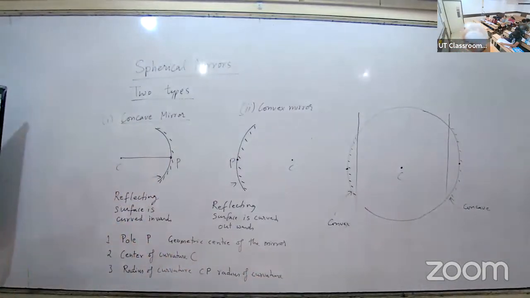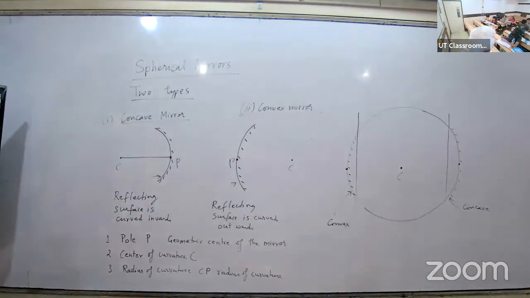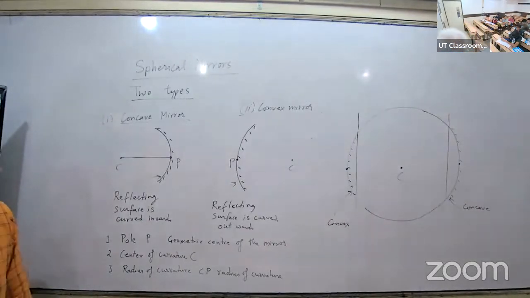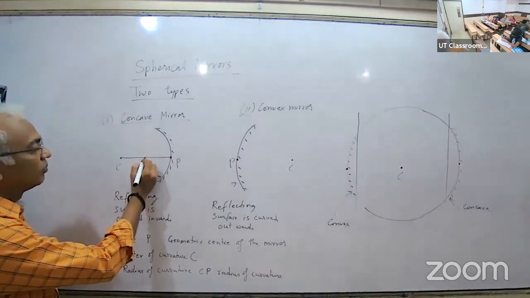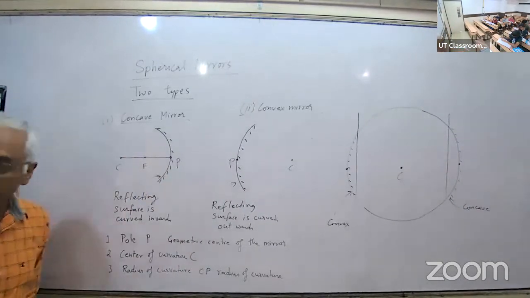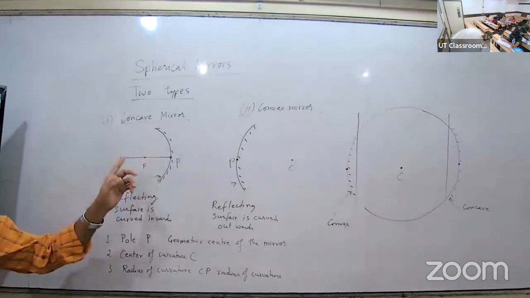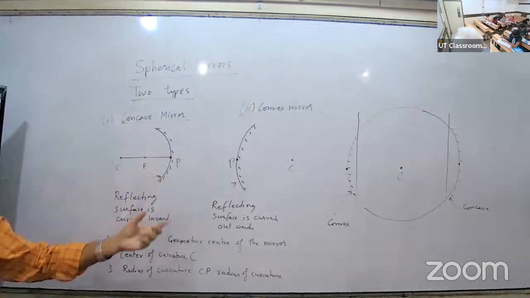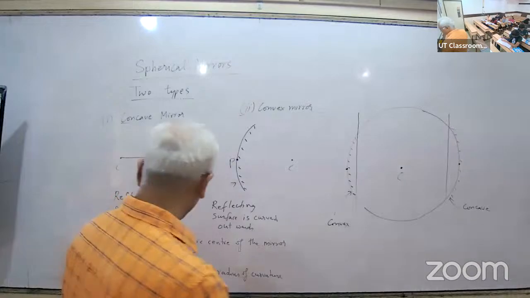So whenever we are referring to radius of curvature, it is the length CP. We'll come to it. Technically, to answer your question, focus is the midpoint of radius of curvature. Focal length is the distance FP. Half of radius of curvature is focal length, and the point F is called focus or principal focus.